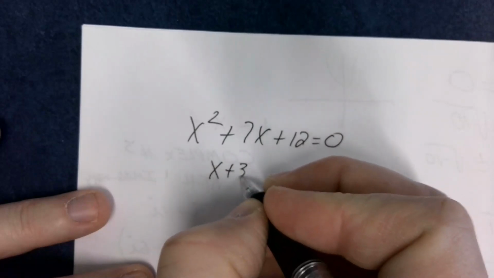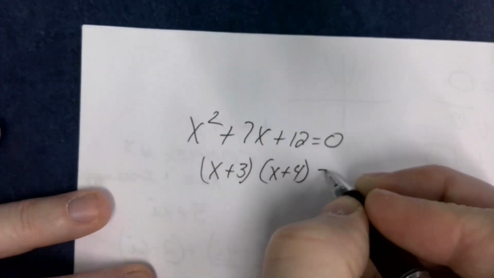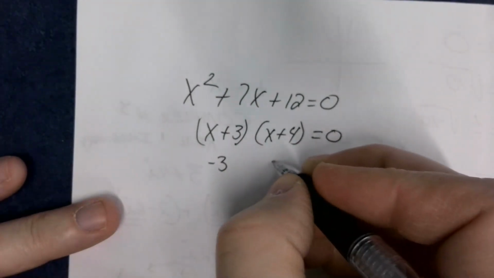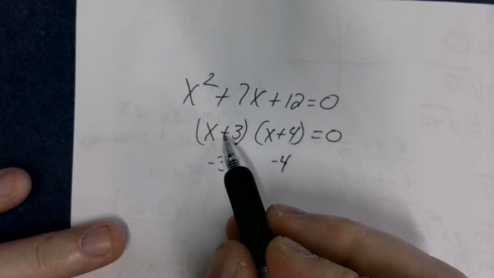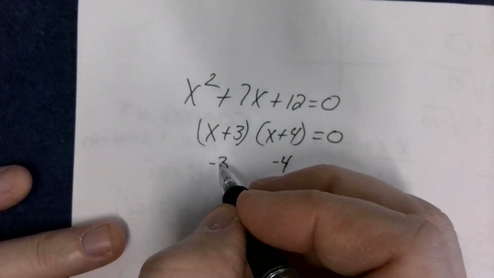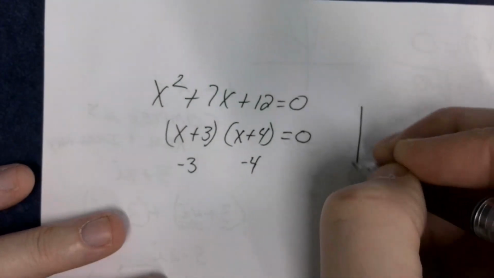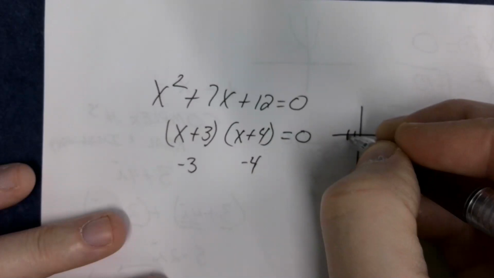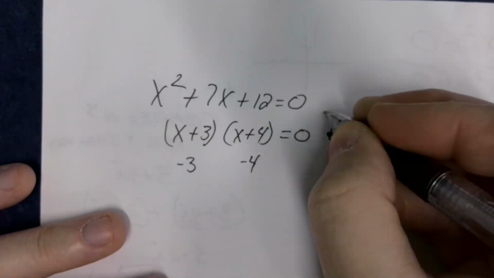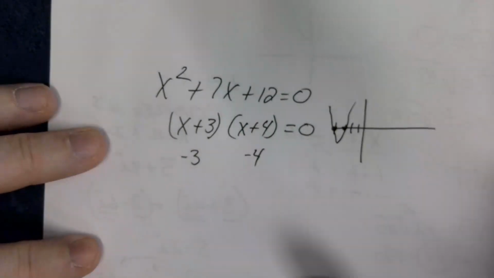So this factors into (x plus 3)(x plus 4) equals 0, which means, of course, my zeros are negative 3 and negative 4, because that's the zero product property rule. Those are the two numbers that if I plugged into this equation would make that equation true. That also means that at negative 3 and at negative 4 is where this parabola has to touch. Okay? So that's basic stuff from before.